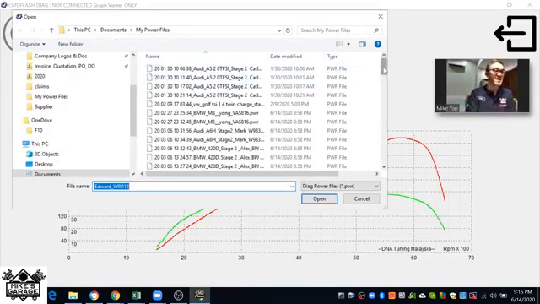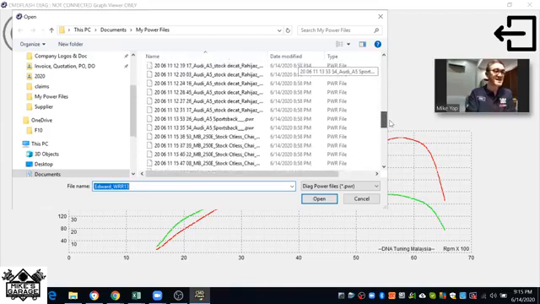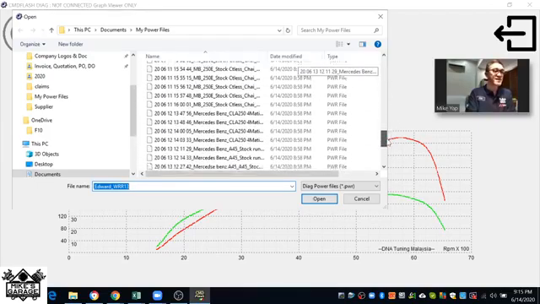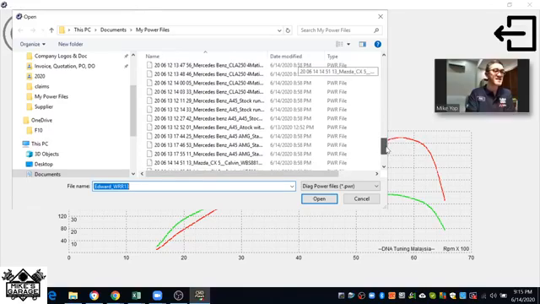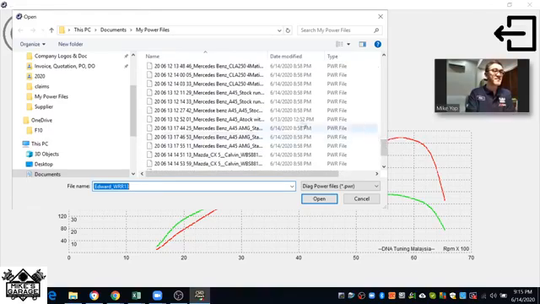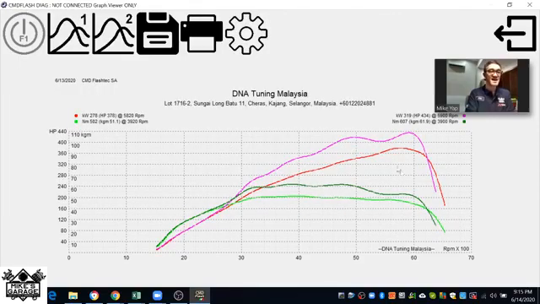Let me get the second chart out for this particular AMG, which we did yesterday. Yep, that's the one.